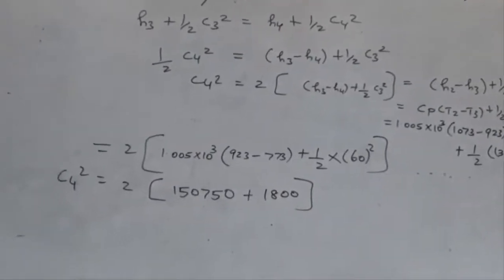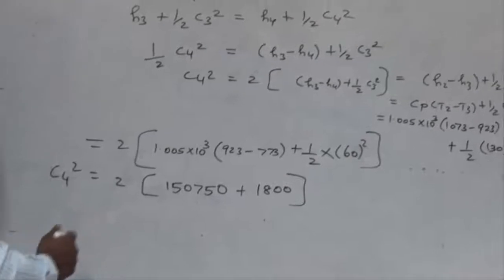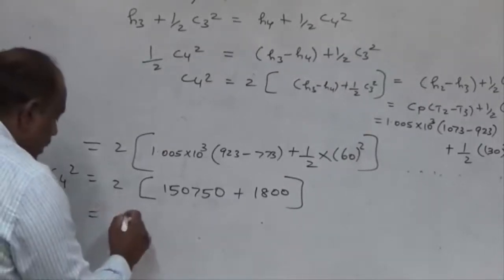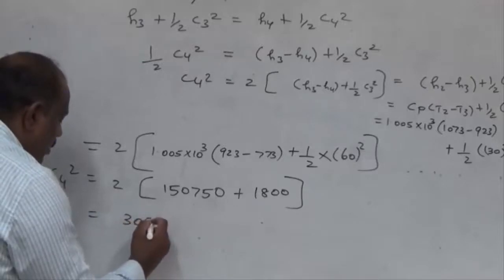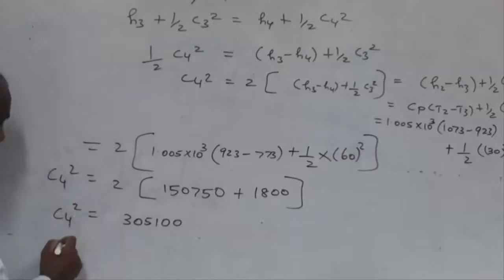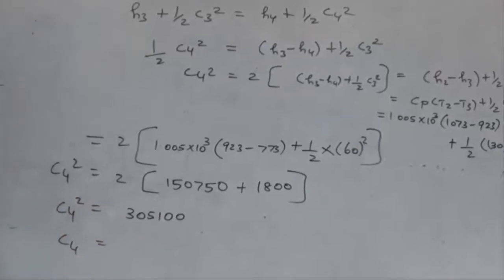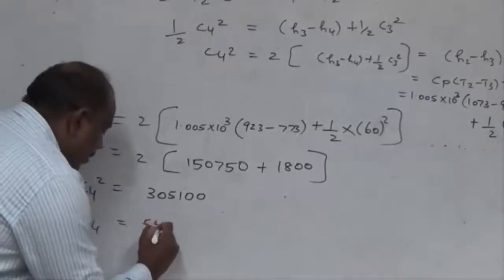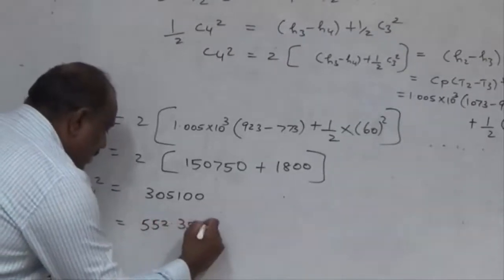Positive only. Now we multiply this one by 2: 305100. It is C4 squared. Can you take the square root of this one? 552.35 meters per second. The unit is very important.